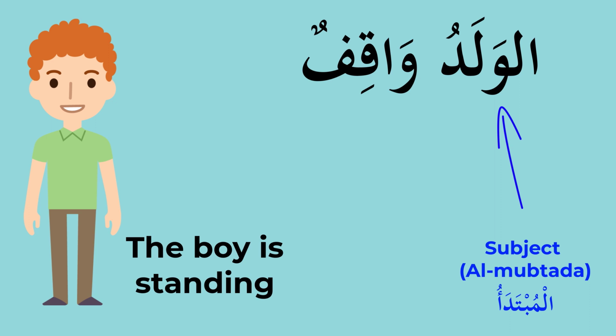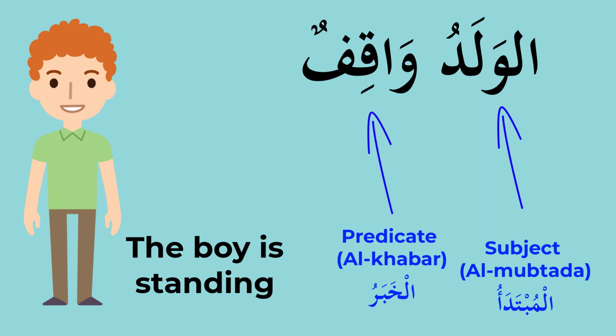Where is the khabar? Waqifun, standing. So here we have simple sentences and we are easily identifying the words in them. One is mubtada, other is khabar. Mubtada marfu, khabar also marfu.